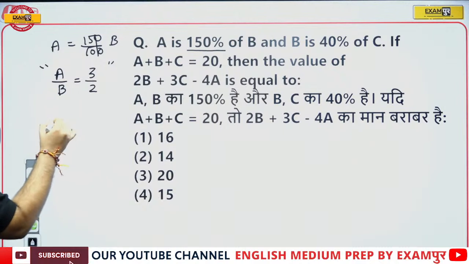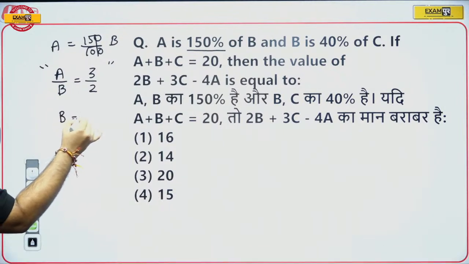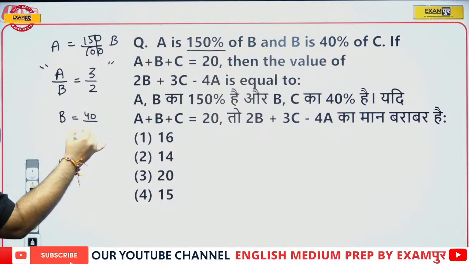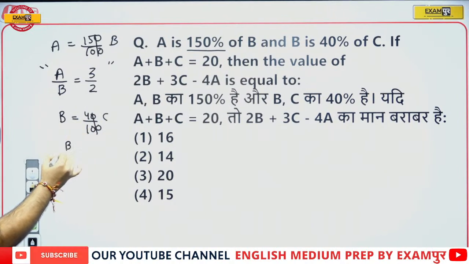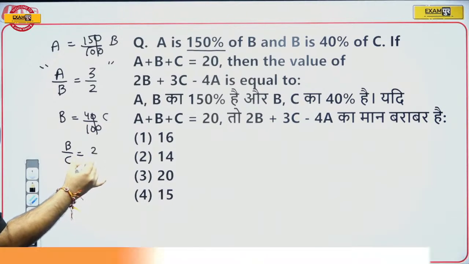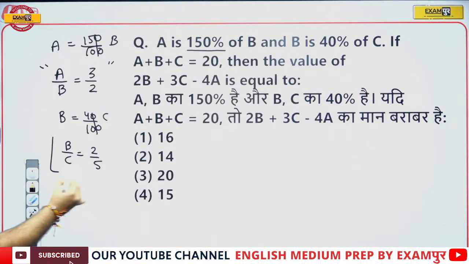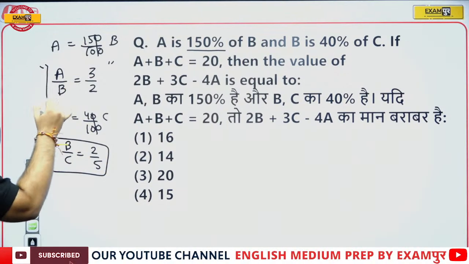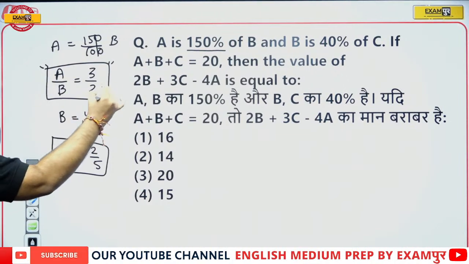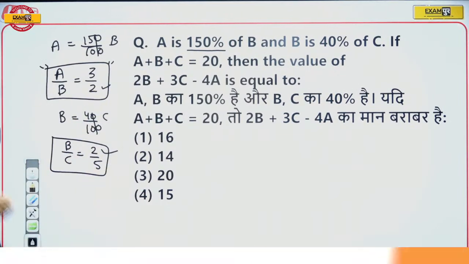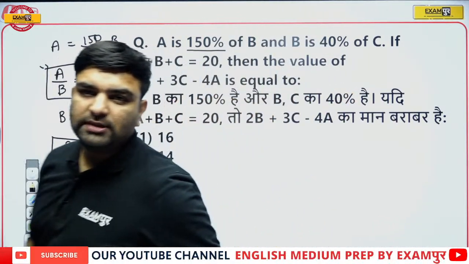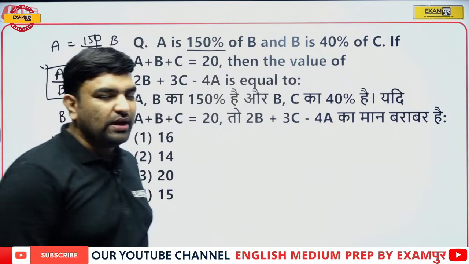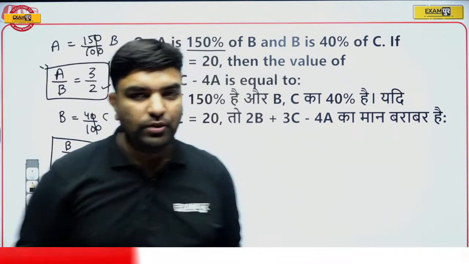And 40% means 40 by 100 of C, or you can say 2 by 5. B by C is 2 by 5. Here also B is 2, there also B is 2. So you can say the ratios are connected to each other.